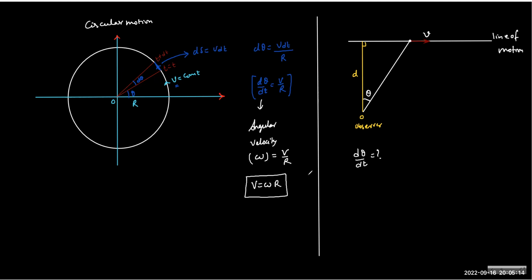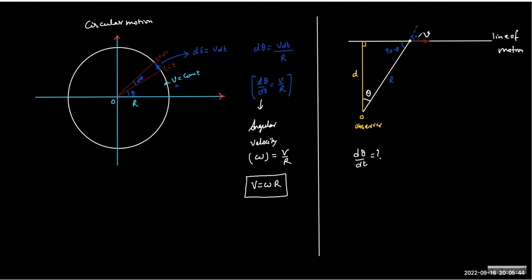Done, guys? So v is given to you and d is given to you. So how to break the velocity? One along this line. You can call this line L. So this v, this is how much angle? 90 minus theta.